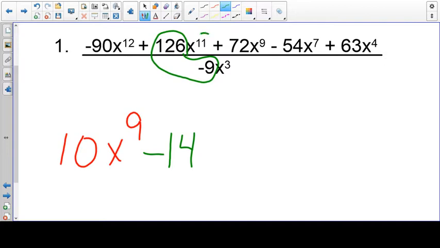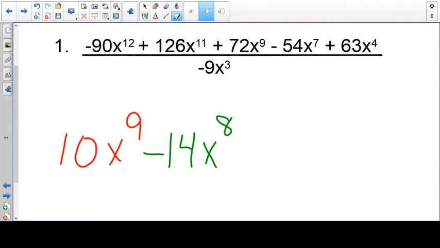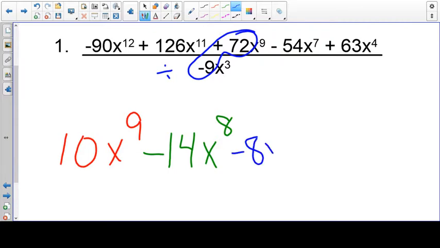Then I'm going to take my 11 and I'm going to subtract 3, which will give me 8. Same thing, I'm going to take positive 72 divided by negative 9. That's going to give me negative 8.